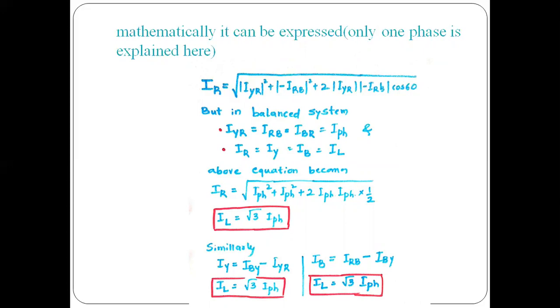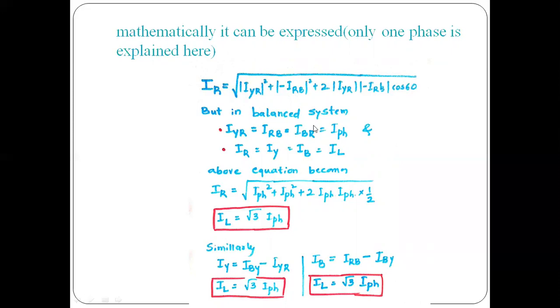So IR is equal to under root IYR square plus IRB square plus 2 IYR IRB cos 60. Cos 60 means what? The angle between IYR and IRB. That's what we have, 60 degrees.